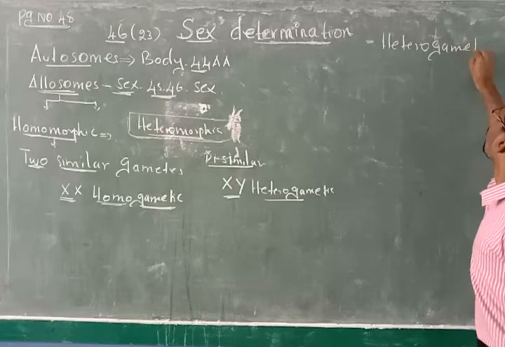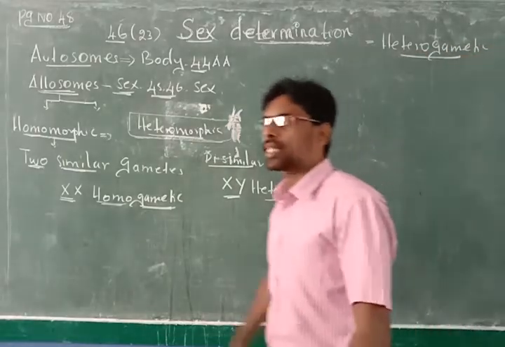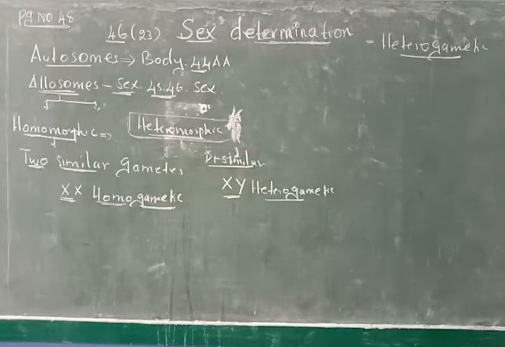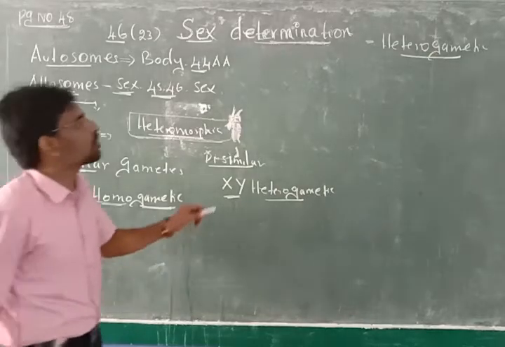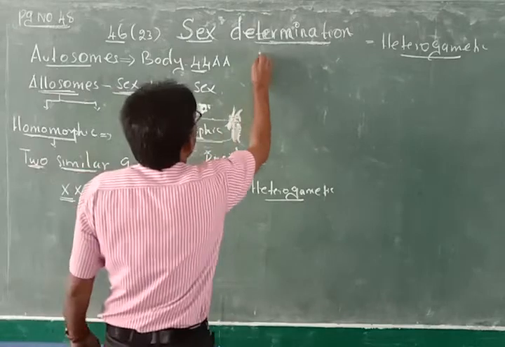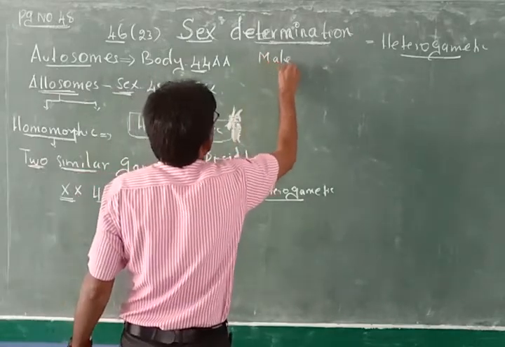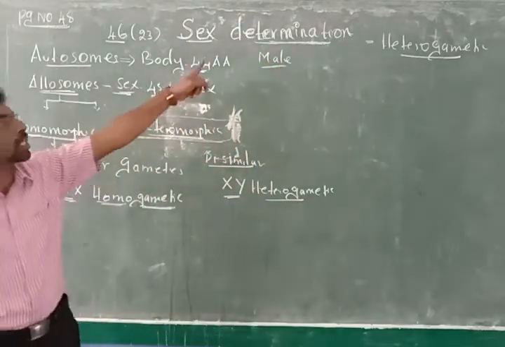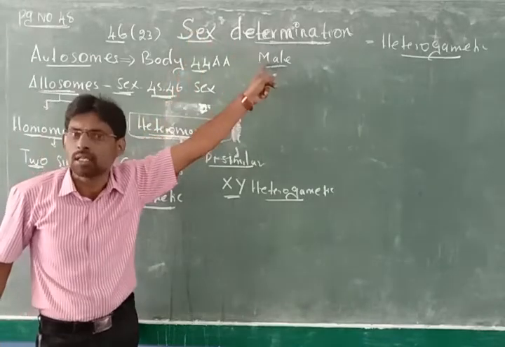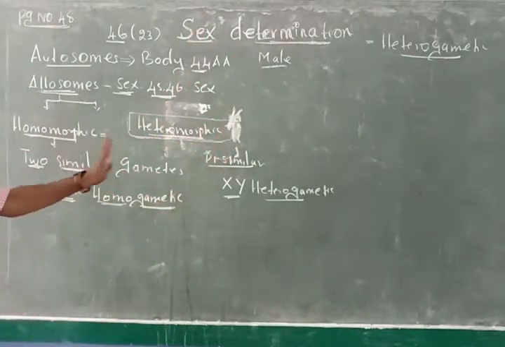So now, in certain organisms, for example human beings, or an insect called Drosophila and some other organisms, the male is involved in deciding the sex. So whenever you talk about sex determination, who is responsible for deciding the sex of an individual?